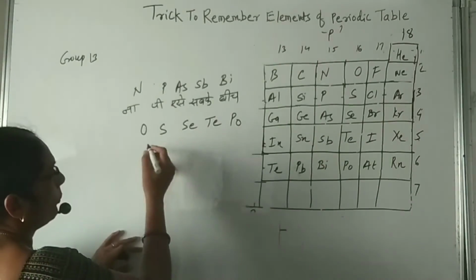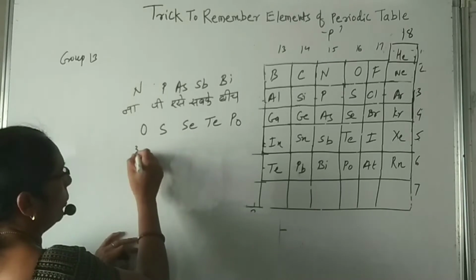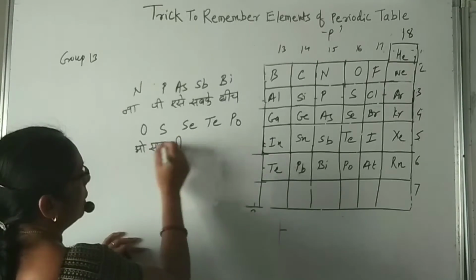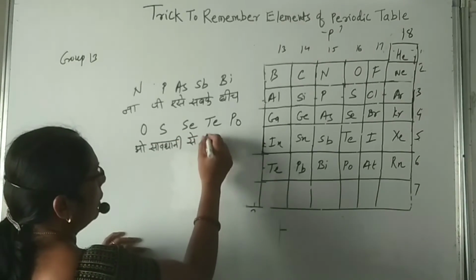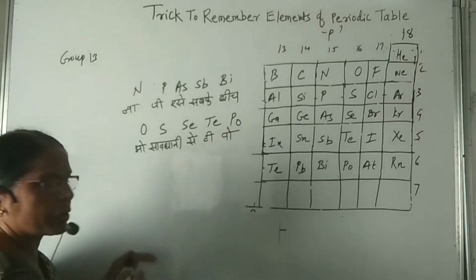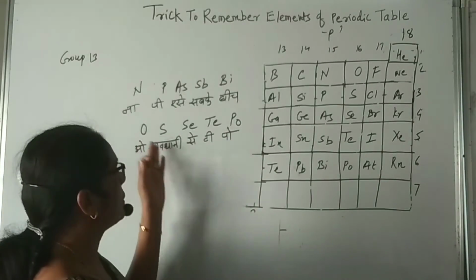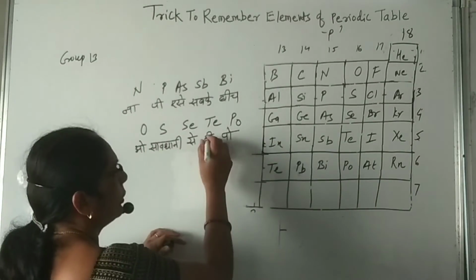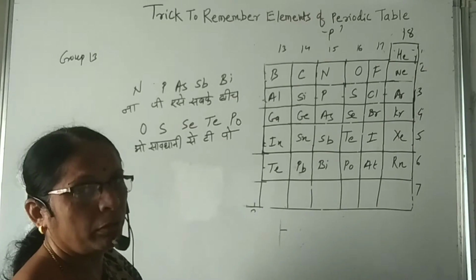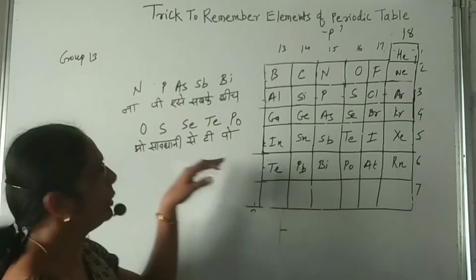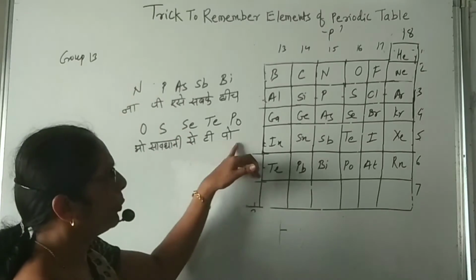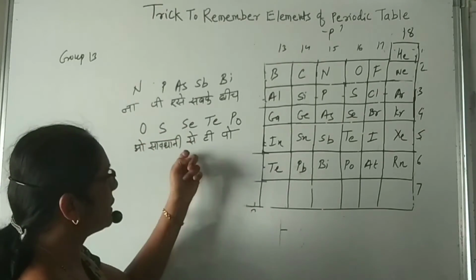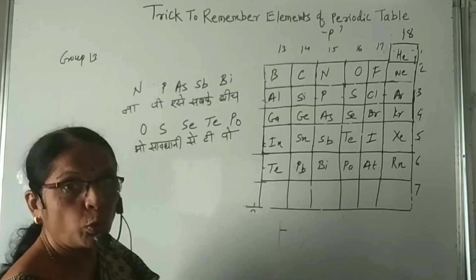So you remember: O Savdhani Se TPO. O for oxygen, Savdhani for S, sulfur, Se for selenium, then TPO: tellurium, T, and polonium, Po.